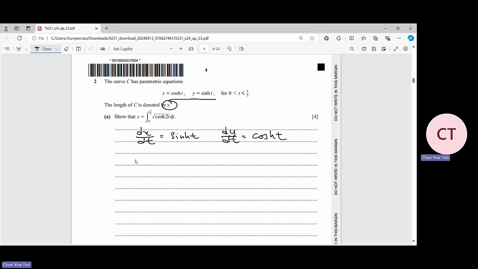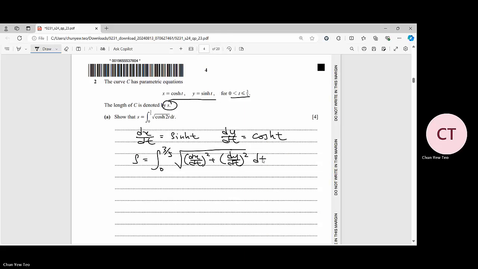The formula for S is the integral from 0 to 3 over 5 of the square root of dx/dt squared plus dy/dt squared. If you substitute them inside here, you will get sin squared plus cos squared.